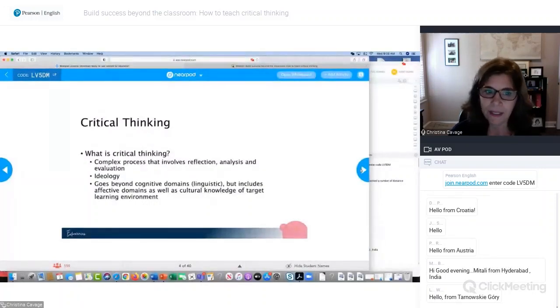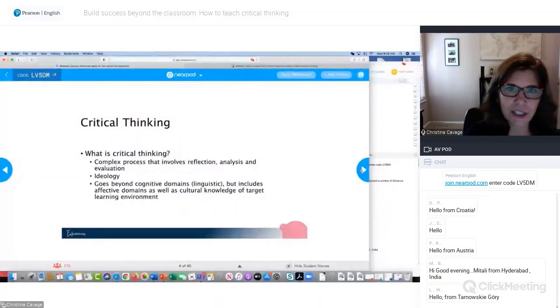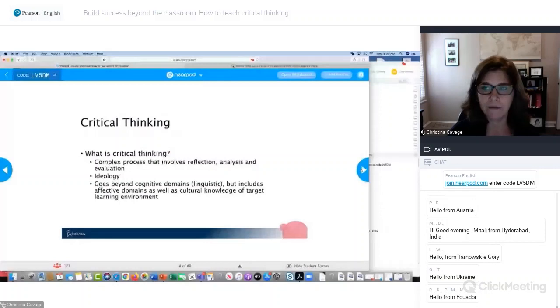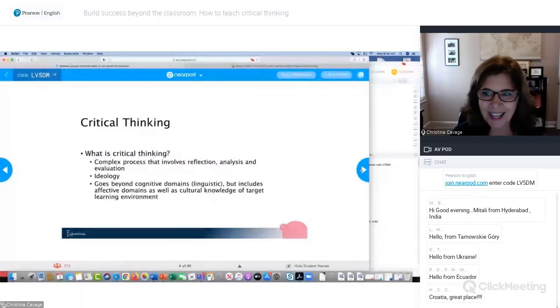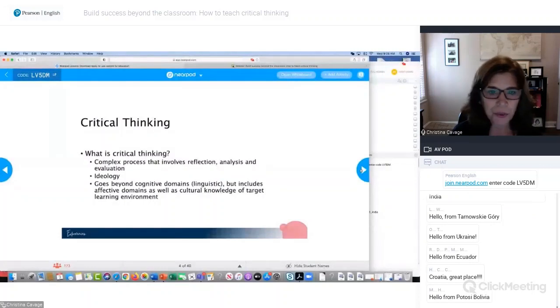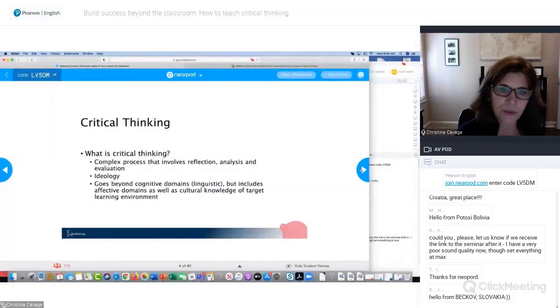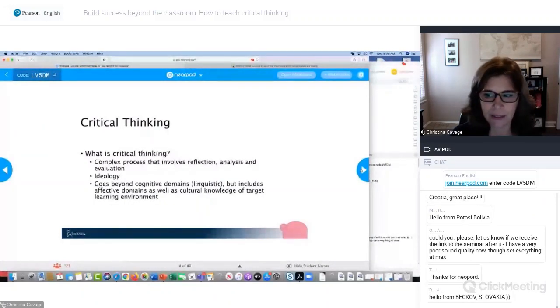For me, it's a belief system, in which I believe that I need to incorporate this as part of my method in teaching my English language learners. Once you adopt critical thinking as an ideology, it becomes part of your teaching toolkit. We all bring with us to the classroom a great toolkit, so this is just another tool in our toolkit.